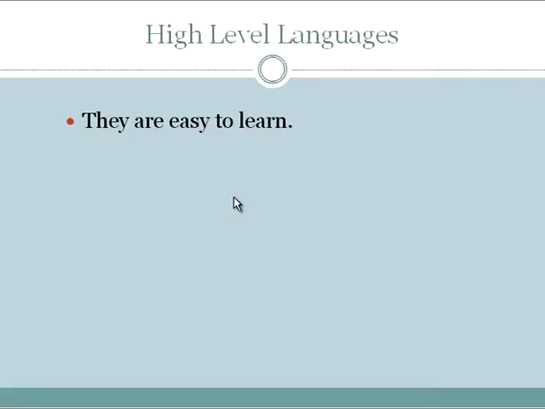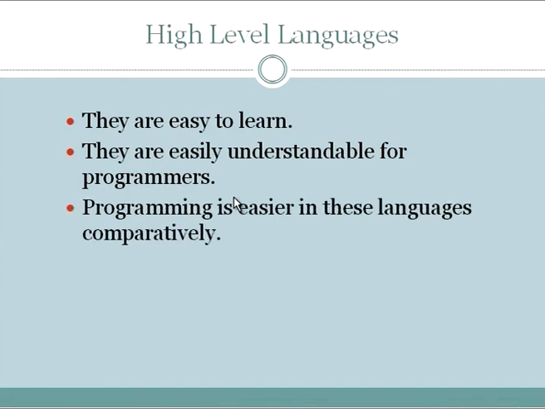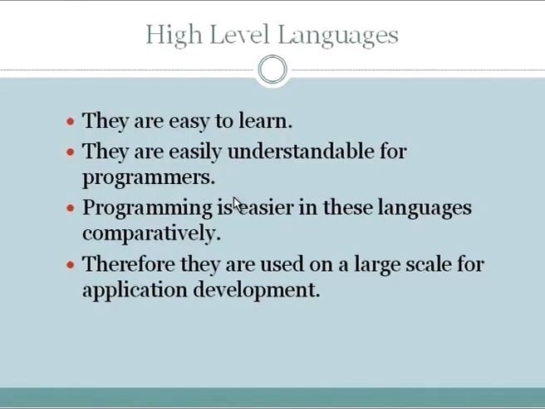Another category of the programming languages is high-level languages. These languages are considered easy to learn. They are easily understandable for the programmers. Programming is comparatively easier in these languages because the syntax of these languages is very similar to ordinary human languages.